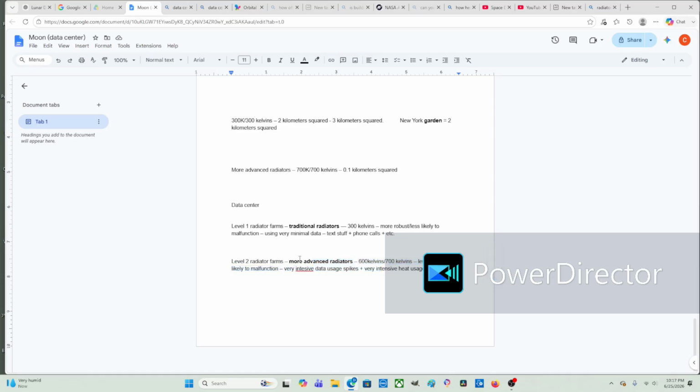Very intensive stuff. That is when these advanced radiators will kick in. But the level 1 aspect is the traditional radiators, and then the level 2 aspect is the more advanced radiators.